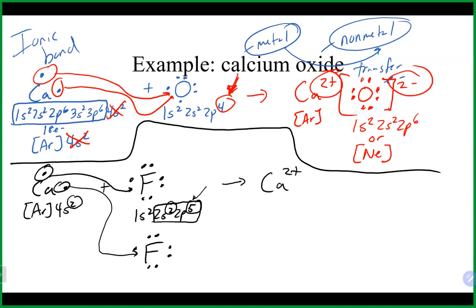And now we'll end up with 18 electrons and end up with argon's configuration. And we end up with a fluorine here that has picked up 1 electron and becomes negatively 1 charged. And we pick up a 2nd fluorine that has picked up 1 electron and becomes negatively 1 charged.